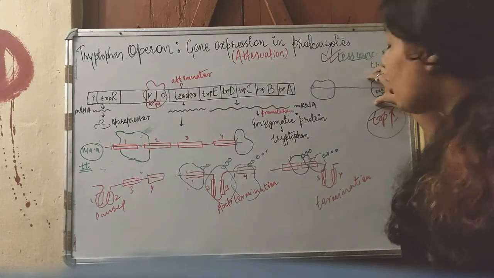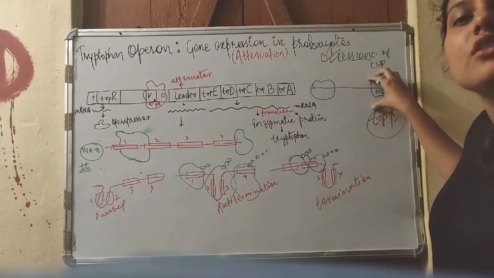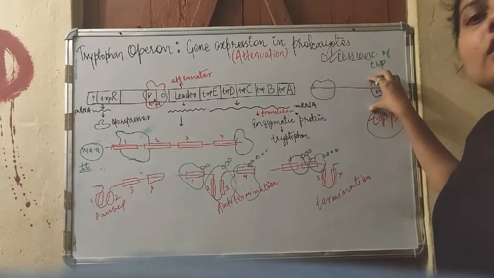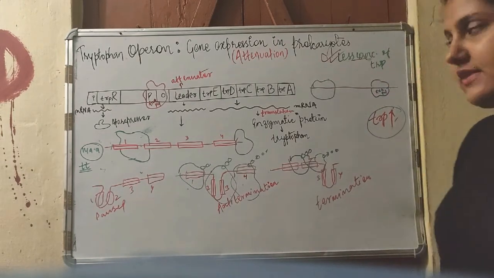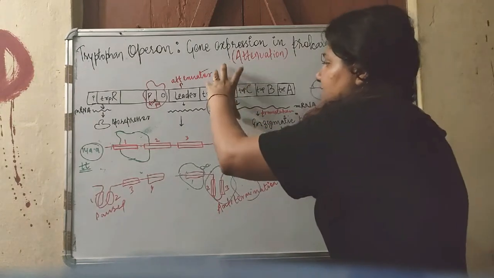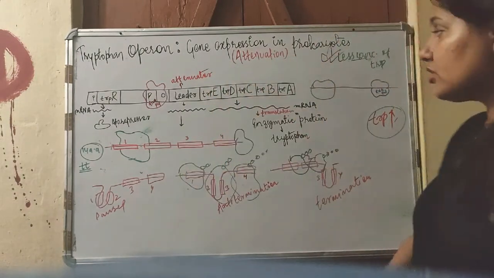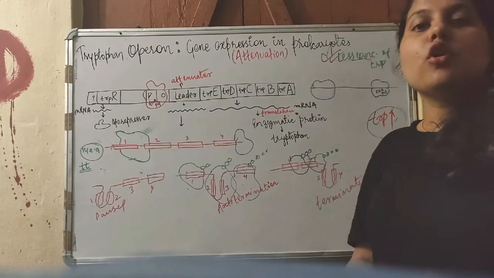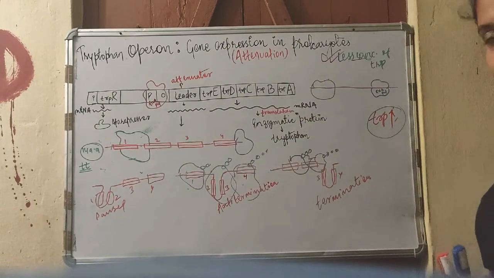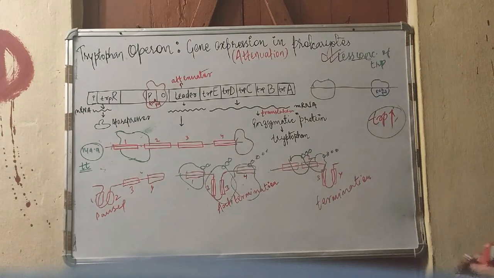Means the process will be halted in between transcription, after the initiation of transcription, we can say. So in the first case, the process is halted before the initiation of transcription. In the second case, the process is halted after the initiation of transcription.